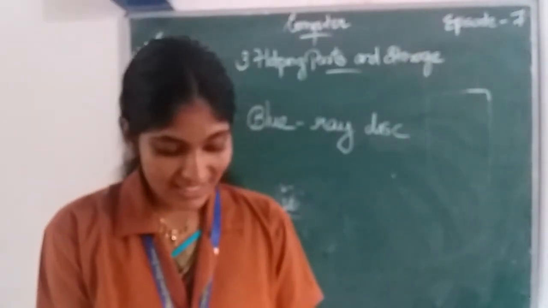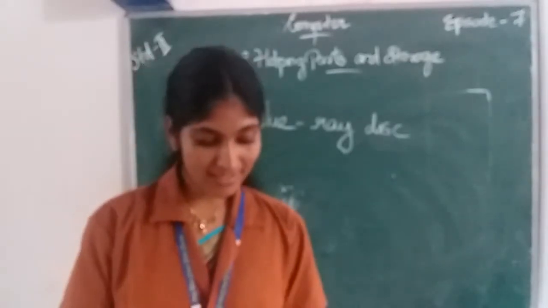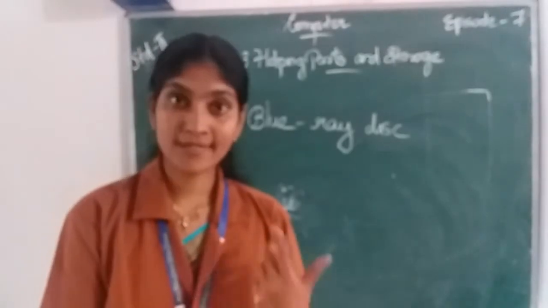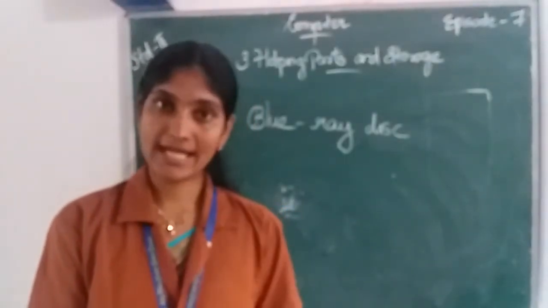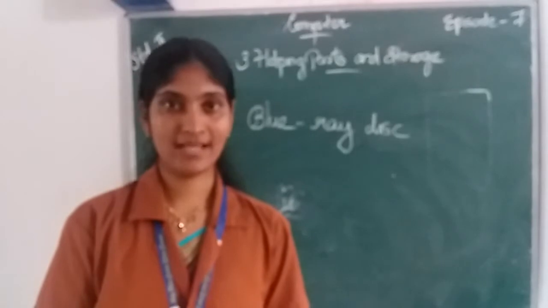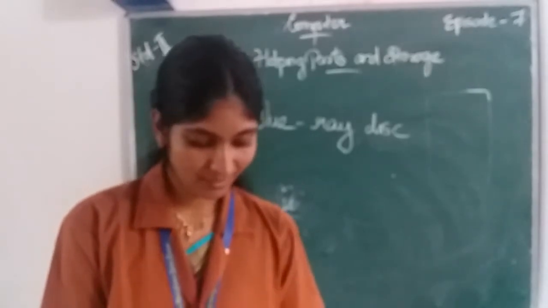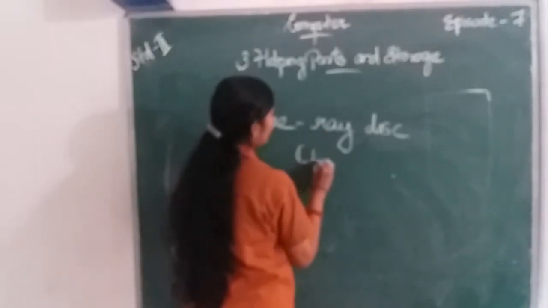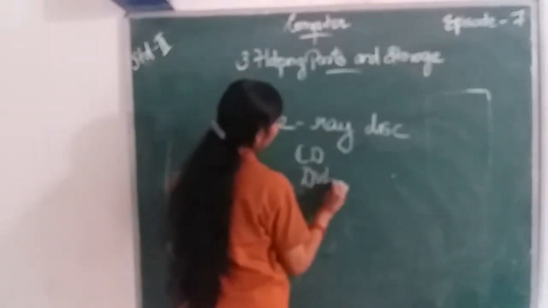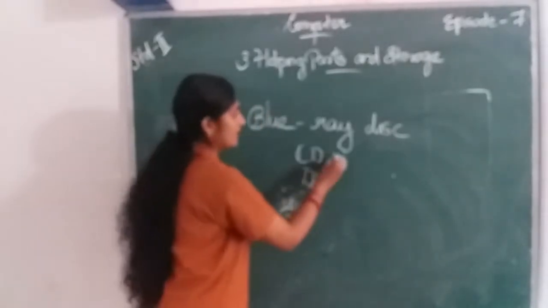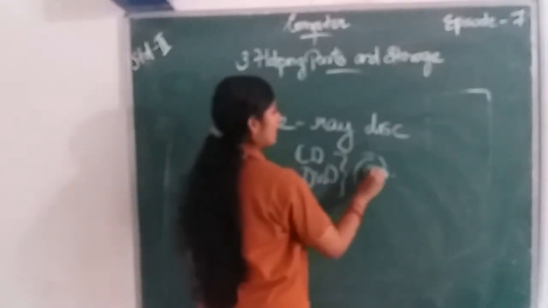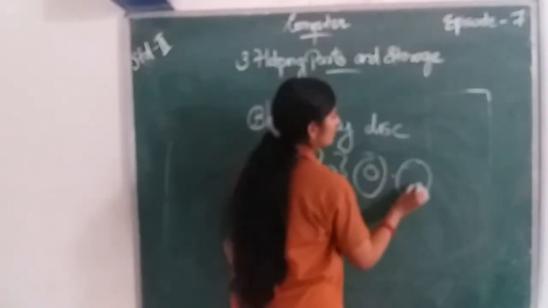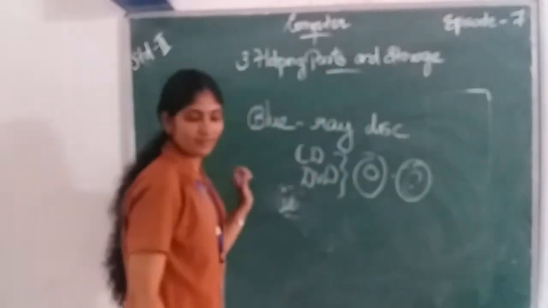That means it stores 5 to 10 times more data than a DVD. So CD, DVD and Blu-ray disc are circular in shape, and the Blu-ray disc has a blue color on its surface.